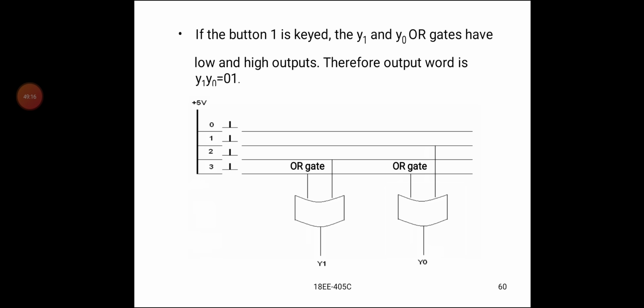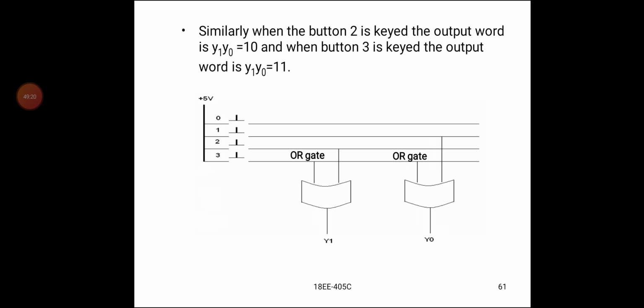Therefore, output word Y1, Y0 equals 0, 1. Similarly, when button 2 is keyed, the output word Y1, Y0 is 1, 0. And when button 3 is keyed, the output word Y1, Y0 is 1, 1.